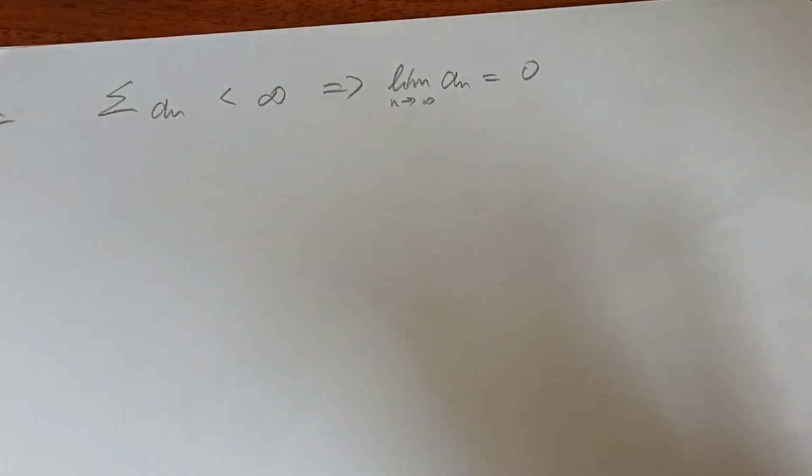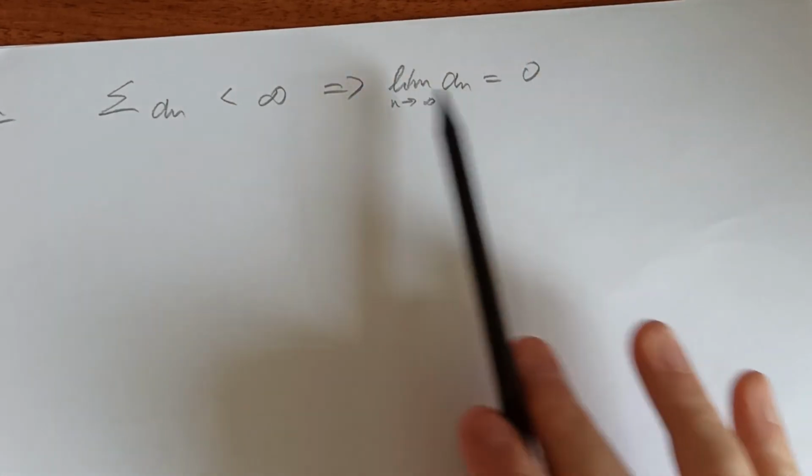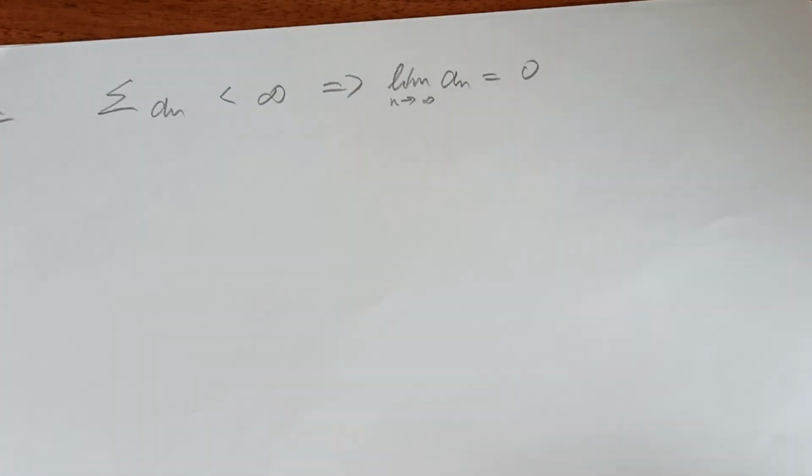So if the series converges, then the limit of an is 0, but vice versa is not always true. So if the limit of an is 0, it's not necessary that the sum of an will be finite. Just remember the harmonic series. We have 1 over n which tends to 0, but the sum is infinite.